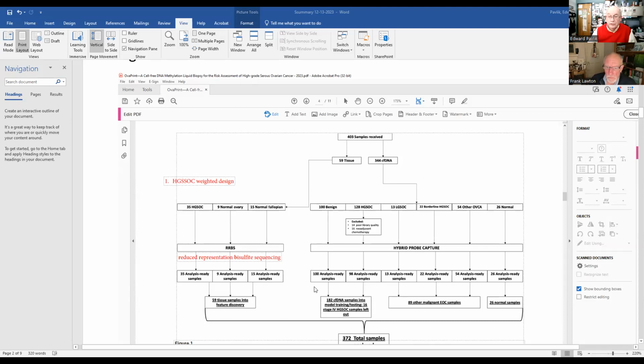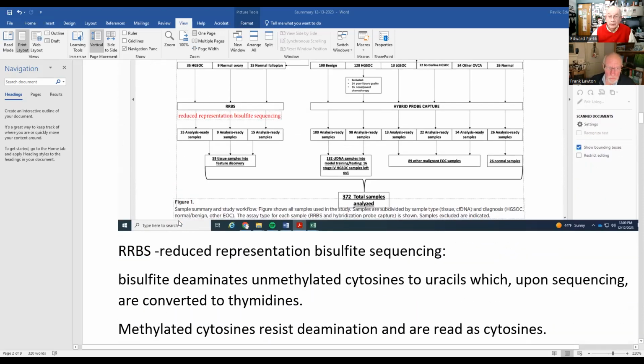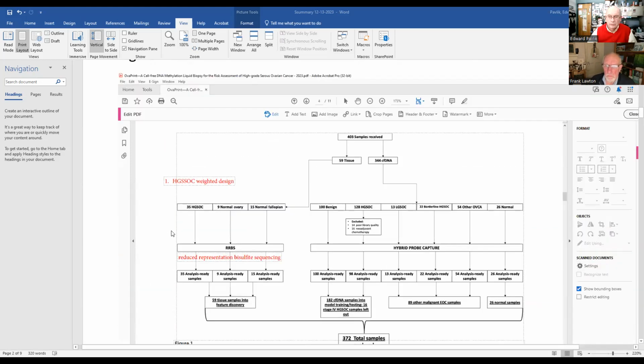Now, they've done sequencing to see if there's methylation of the sequences, and basically this is an approach where you use bisulfite to convert so that you end up with unmethylated cytosines converted to uracil, and then eventually upon sequencing they turn up as thymidines. And the methylated cytosines in these sequencing fragments are read as cytosines. So that's the basis for what they're doing.